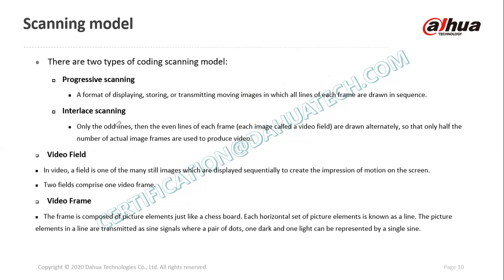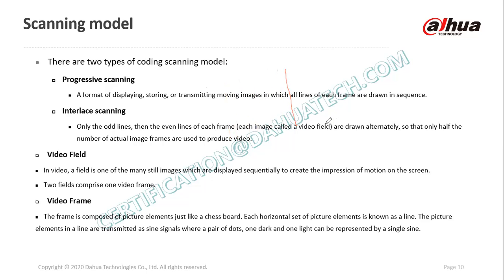Then if you're going to do interlaced scanning, you would only do odd lines of each frame, so that you're doing it alternately, instead of doing a continuous drawing of the lines for each frame.